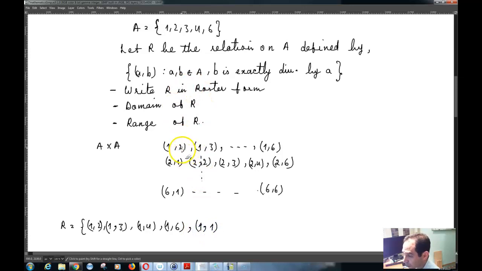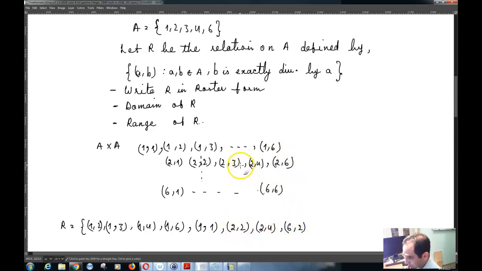I forgot (1, 1) here. Okay, so now basically only this case, for example, (2, 2), because 2 is divisible by 2, and (2, 4) is also right, and (6, 2) is also right.